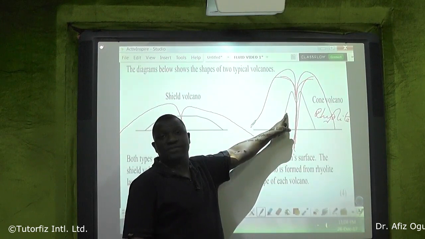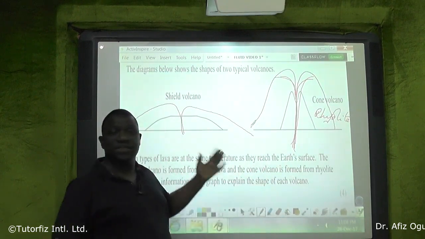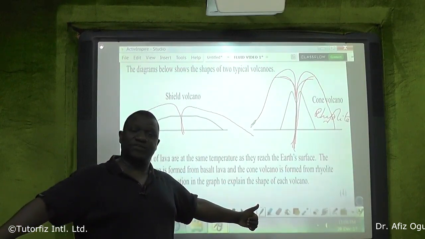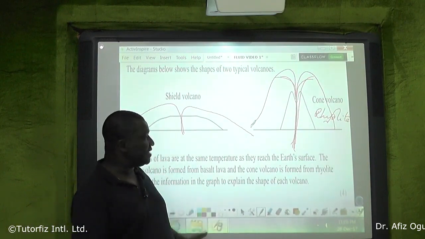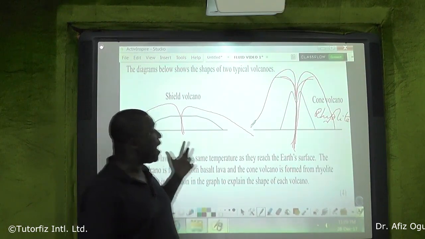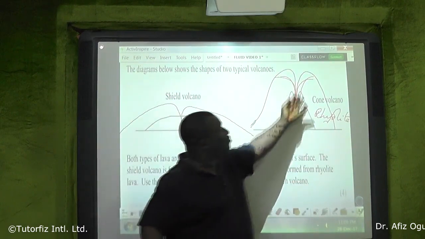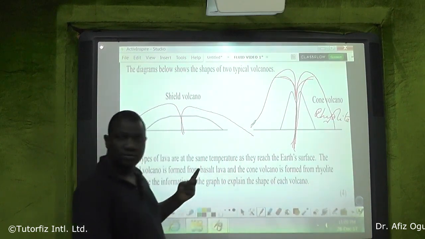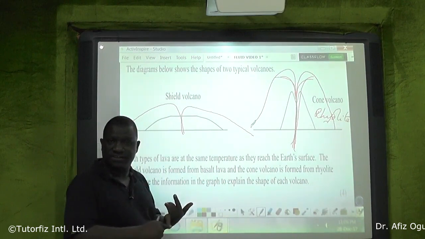This is more viscous. Before they solidify, they are at the same temperature. This one already flows faster, the flow rate is faster, and it spreads out a longer distance. That is the reason why the shield volcano has the spread-out shape, and this one is still a cone. Again, they've told you they attain the same temperature.